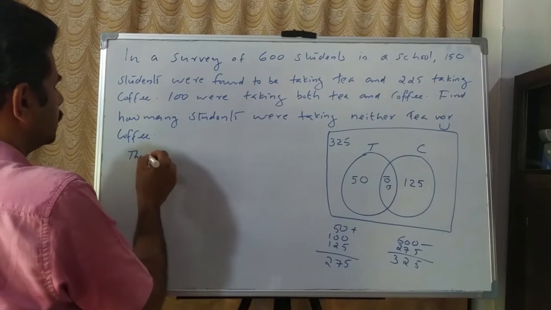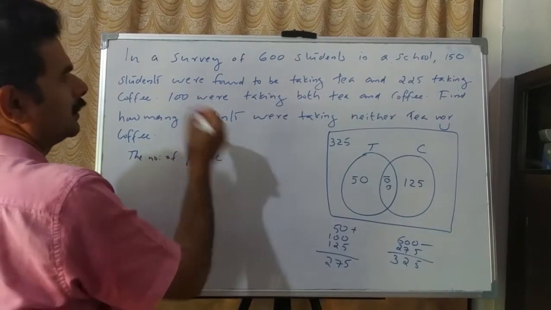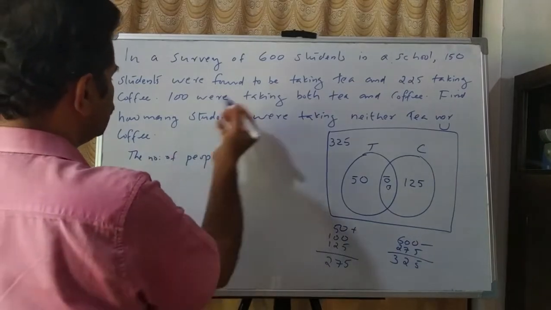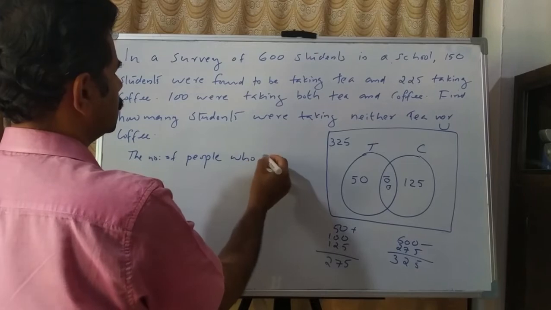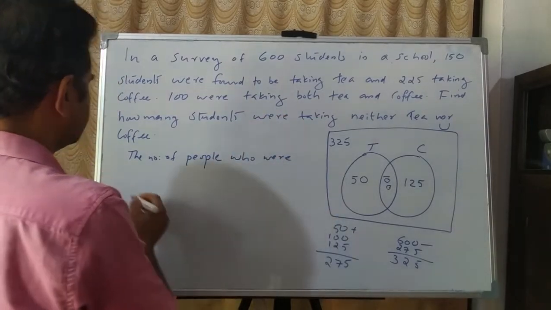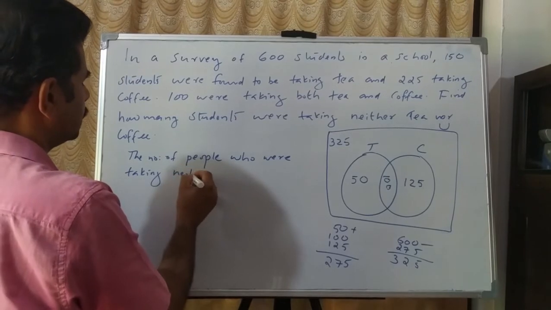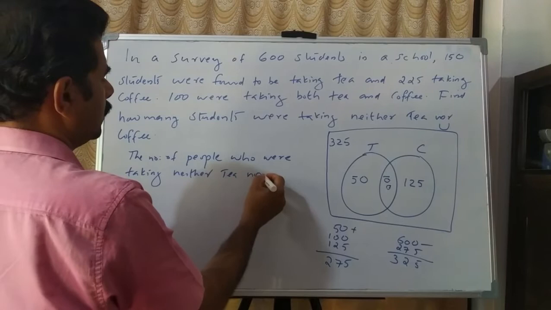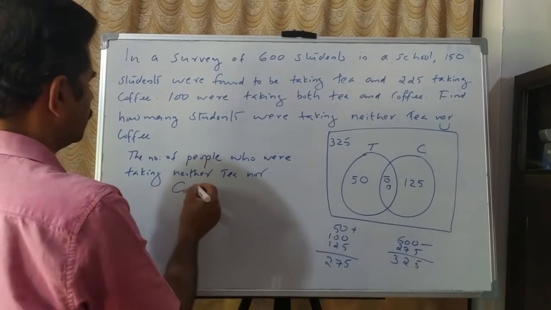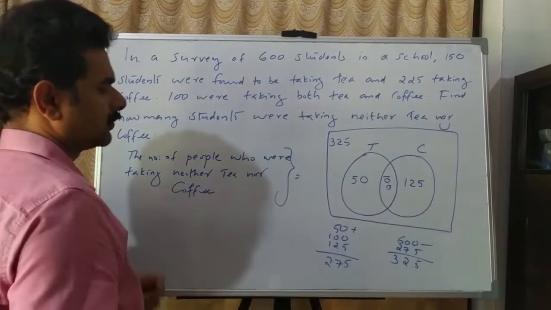The number of students who were taking neither tea nor coffee is equal to what?